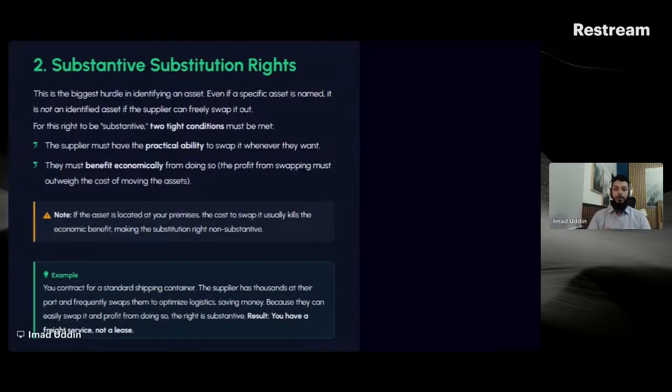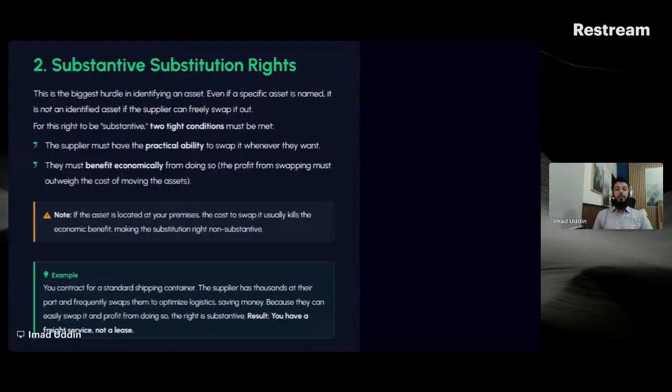The profit of swapping must outweigh the cost. And so if they have the economic reasons to do that, and if they have the practical ability to do that, then the lessor has a substitution right. If an asset is located at your premises, the cost to swap it usually kills the economic benefits, making the substitution right non-substantive.